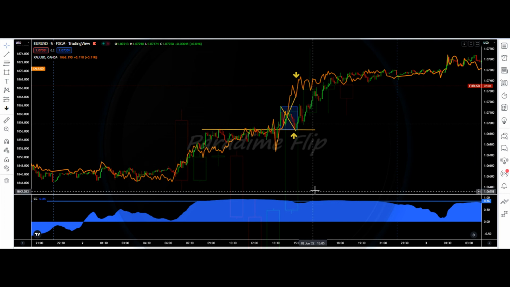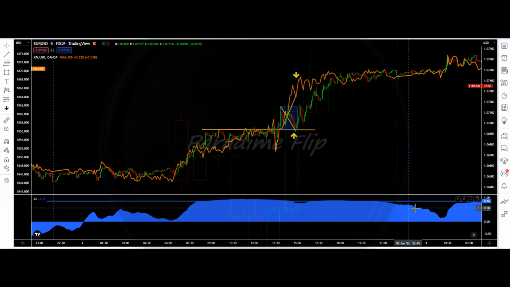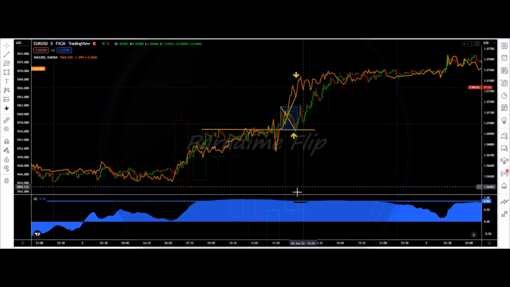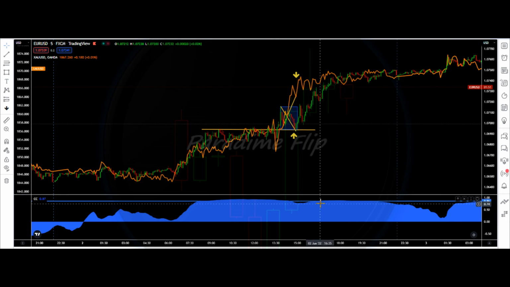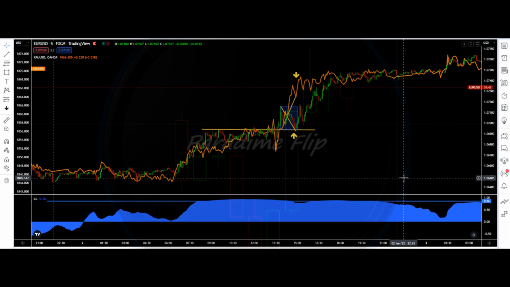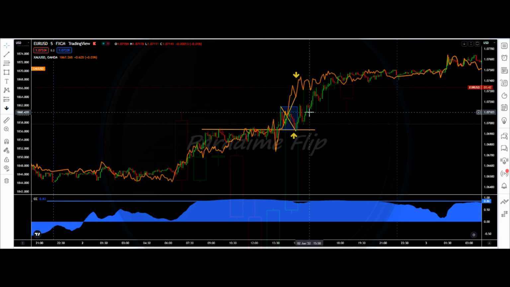We also know that the correlation coefficient is telling us that within the last session, within the last 100 periods of a 5-minute chart, or the last 8 hours about, there is an 86% correlation. So that means 86% of the time, gold and Euro US dollar are going to move in the same direction.